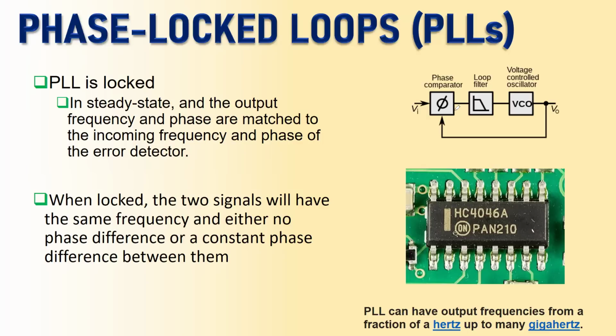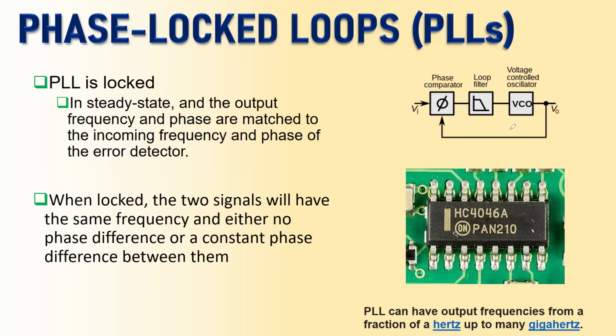When this happens, we say that the PLL is locked. And when it is locked, the two signals, Vi and VO, will have exactly the same frequency, and their phase difference will either be 0 or a constant finite value, which will be maintained throughout.